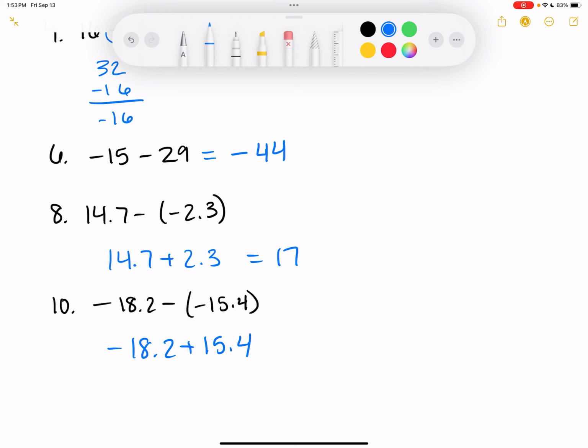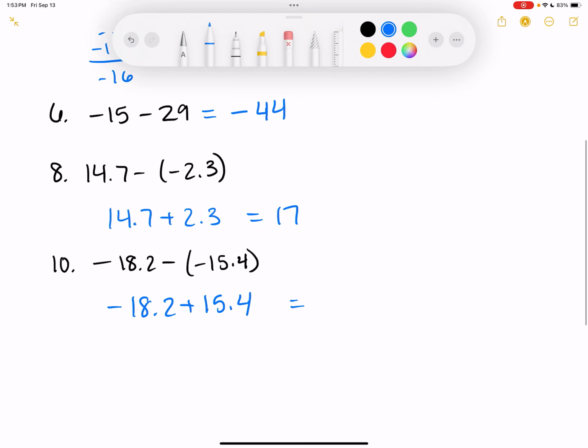Subtract them. Yep, so the answer is going to be negative, so I have 18.2 minus 15.4. So take away 15.4 from 18.2, so 2.8, and it is negative because 18.2 is the bigger number, and it is negative.